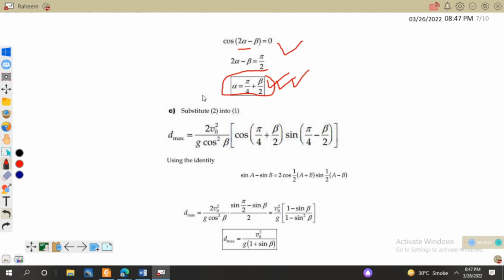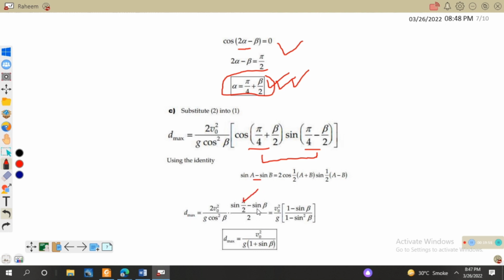If we put these values in the first expression of d that we calculated, this will give us 2 v naught squared cos squared beta, and we just need to put in the values of alpha. Using the trigonometric identity 2 cos A sin B equals sin(A plus B) minus sin(A minus B), where A is this term and B is this term, we find sin pi over 2 minus sin beta over 2.